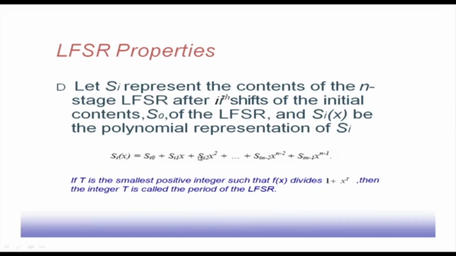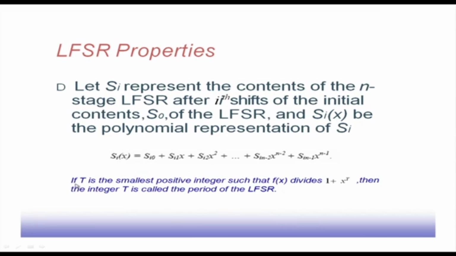If this is 0, naturally the term is not there. So, these SI 0, SI 1, SI 2 are the values of different flip flops, and if it is 1, that term x power is coming into the picture. If that term is 0, then it is not coming. So, the content of the LFSR is again represented by a polynomial.